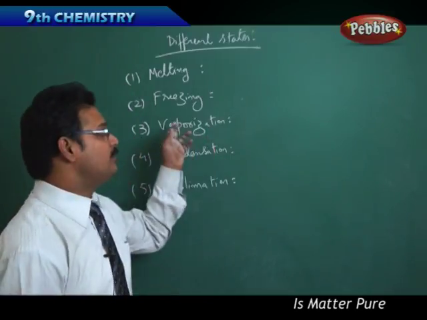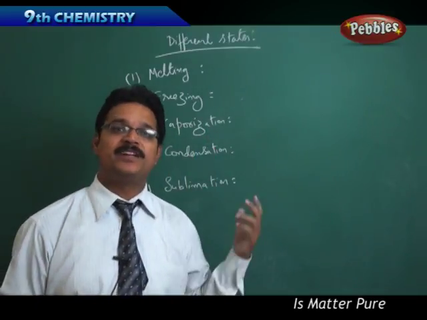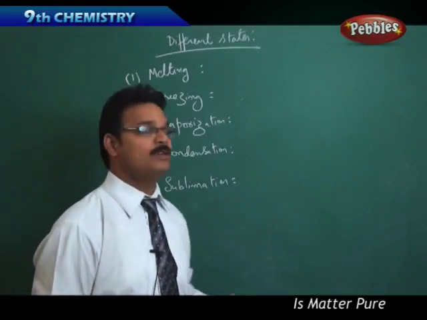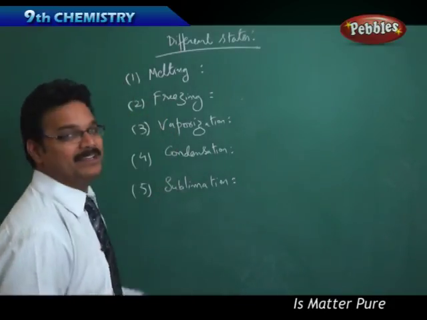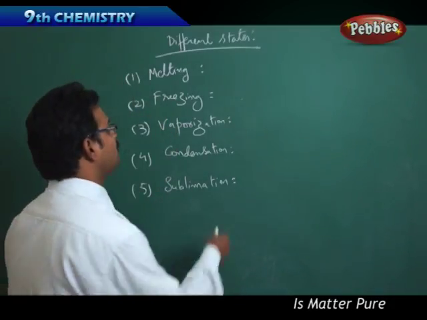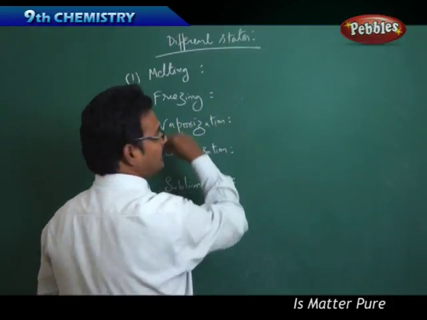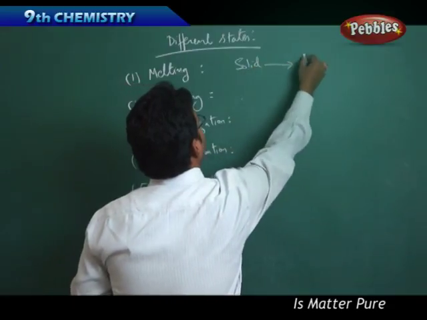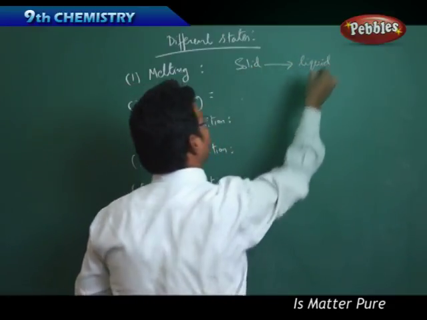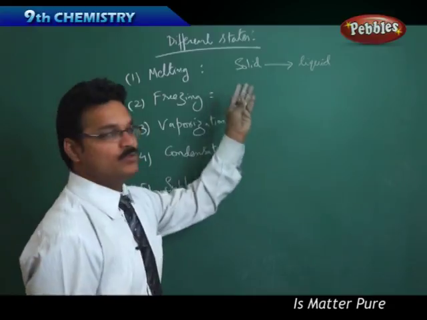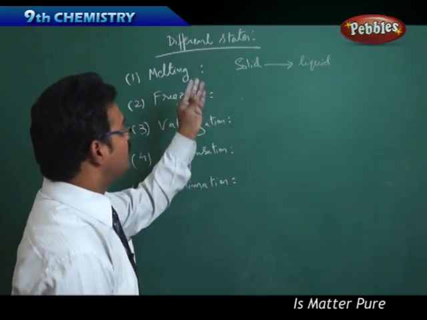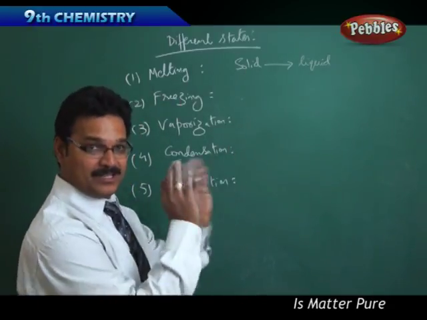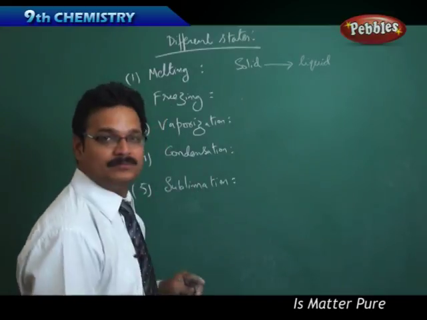Now see on the board, you have different changes of state. Let me explain what they are. Melting is nothing but the conversion from solid to liquid. Ice to water. So when solid converts to liquid, that change of state is called melting.